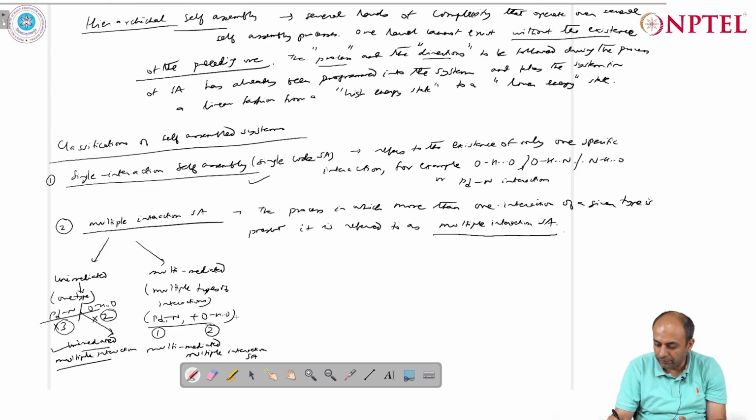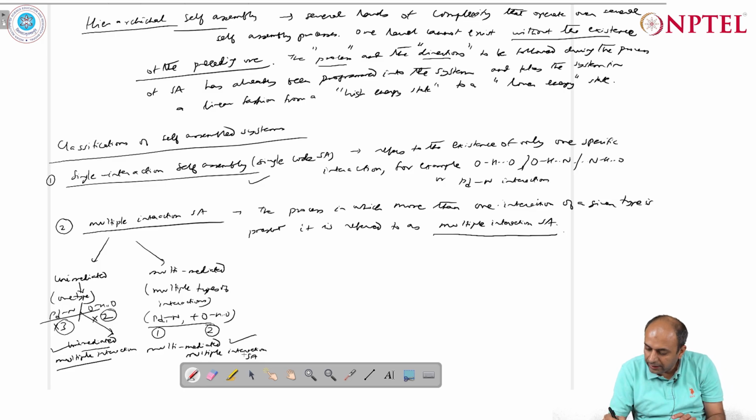Here they are of different types and multiple numbers of each type is present, they are called multimediated multiple interaction self-assembly. And there is a tendency to use multimediated and multiple interaction self-assembly interchangeably, but we should keep in mind that they are actually different terms, and they should not be used interchangeably and should not be confused.